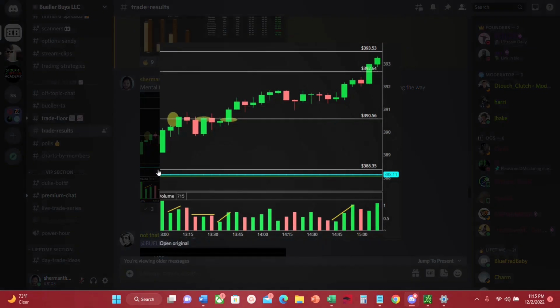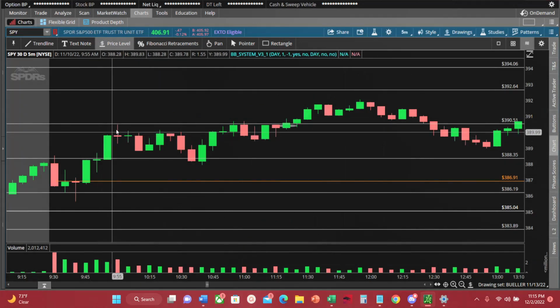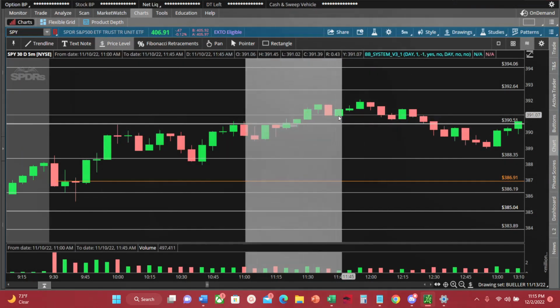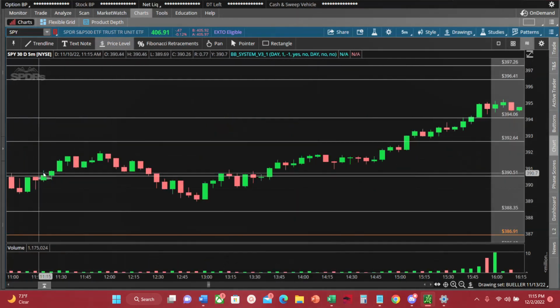Alright, so this is what I liked about this trade. We had a nice initiating movement past this level here, the 390.56. Right there, I can see where I put my oval. So that's where I was looking.